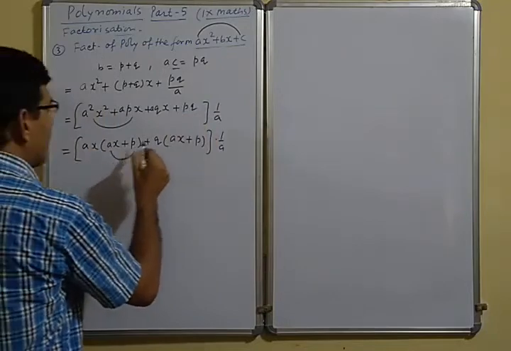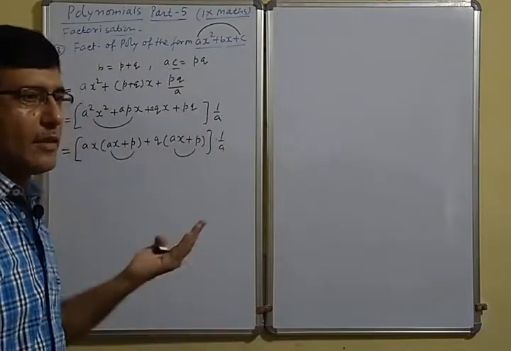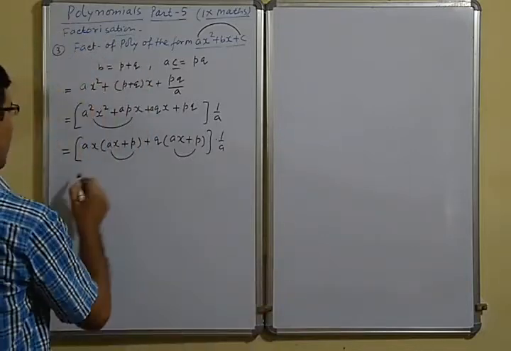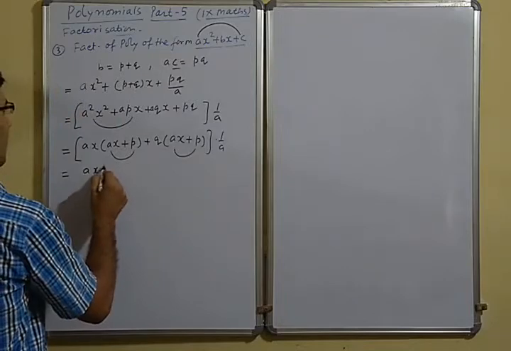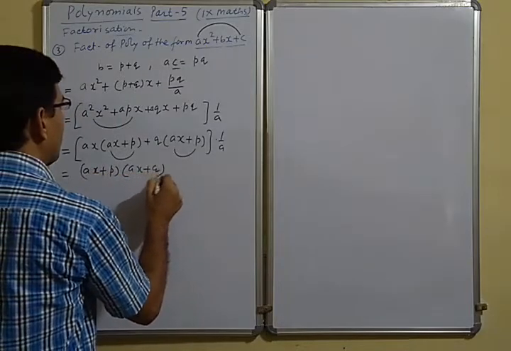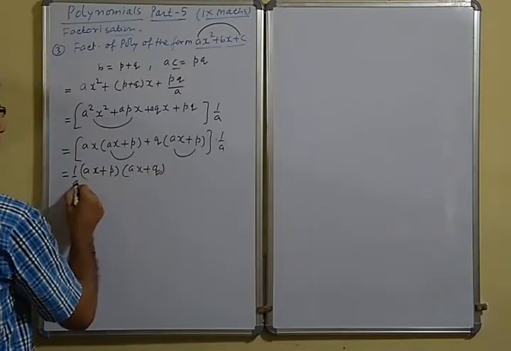So this is ax plus p and this is once again ax plus p. Now we will use the method of grouping. Ax plus p will be taken common, and in the other bracket what will we get? Ax plus q. These are the factors, and that is into 1 upon a.